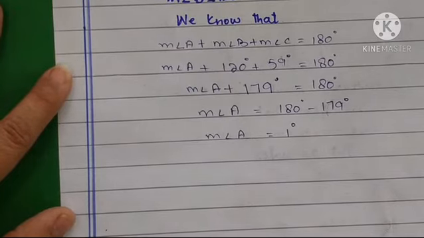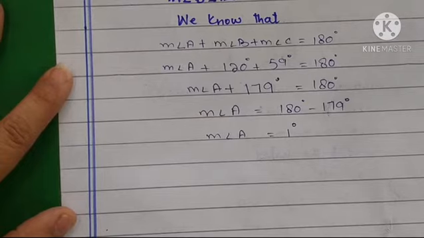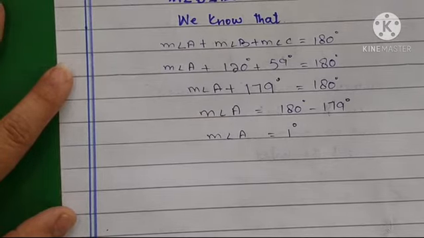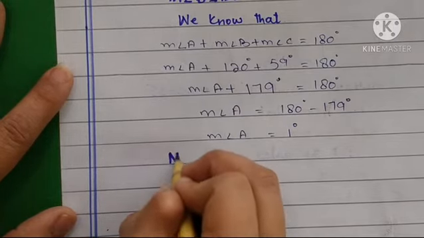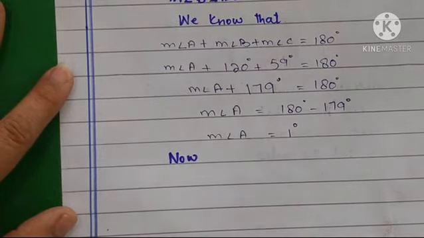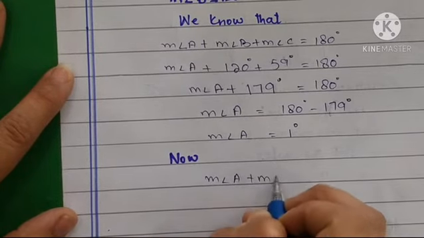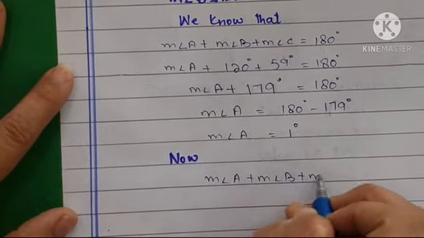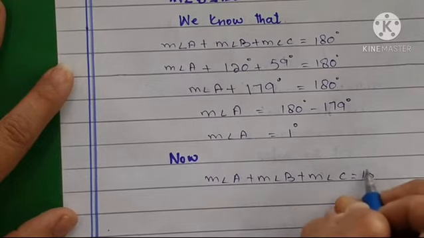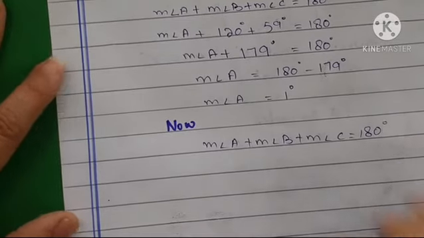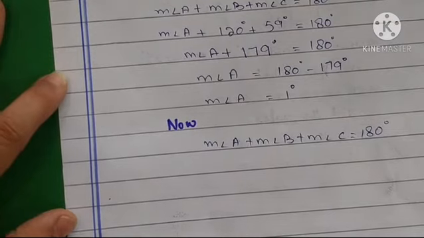Now dear students, we will check whether we can construct a triangle by using these values. For this, measure of angle A plus measure of angle B plus measure of angle C is equal to 180 degree. Now put the values of all the angles.